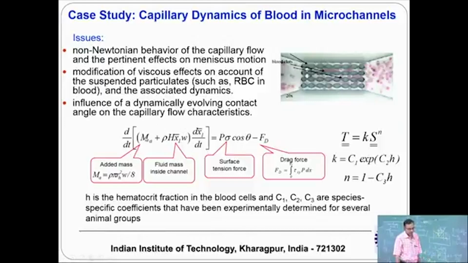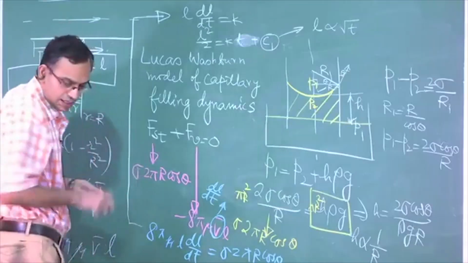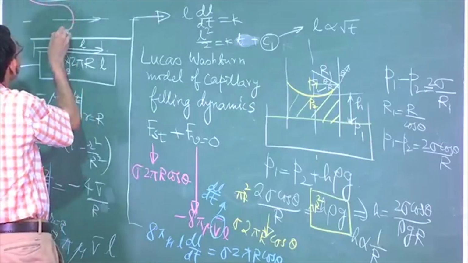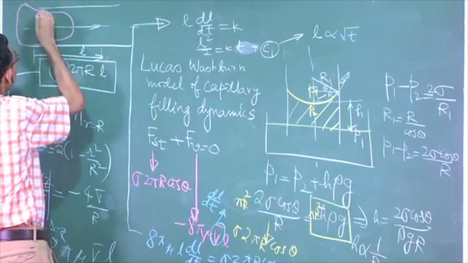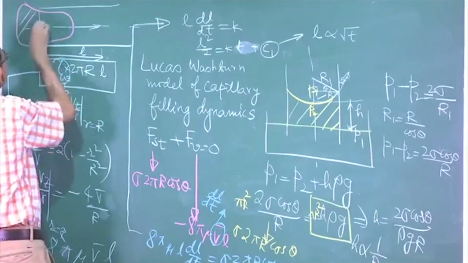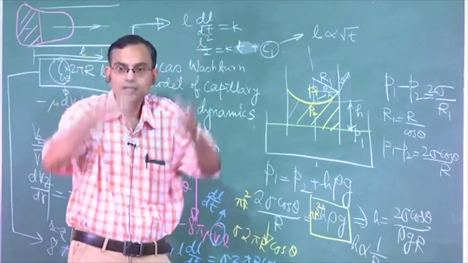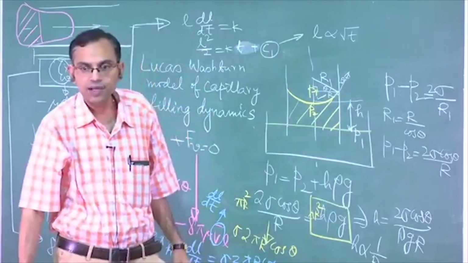But if inertial effects are there, in the mass you will have a fluid mass that is ready to enter the capillary, which is called added mass. If, for example, you consider that this is a capillary and some fluid is entering into it, this additional mass, which is outside the capillary but an integral part of the system, is called an added mass.